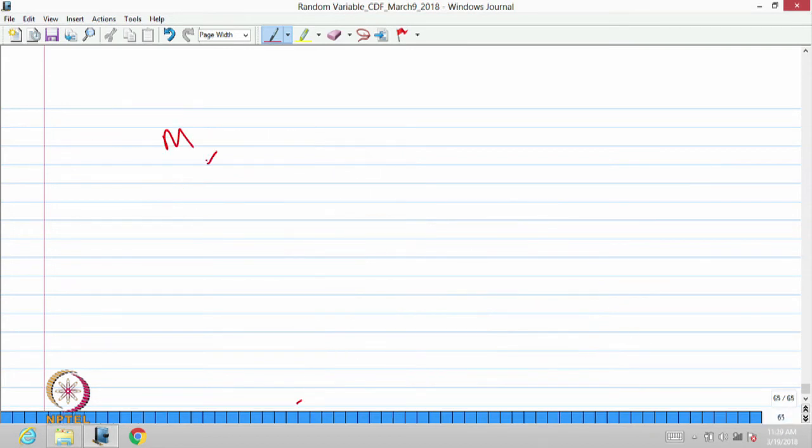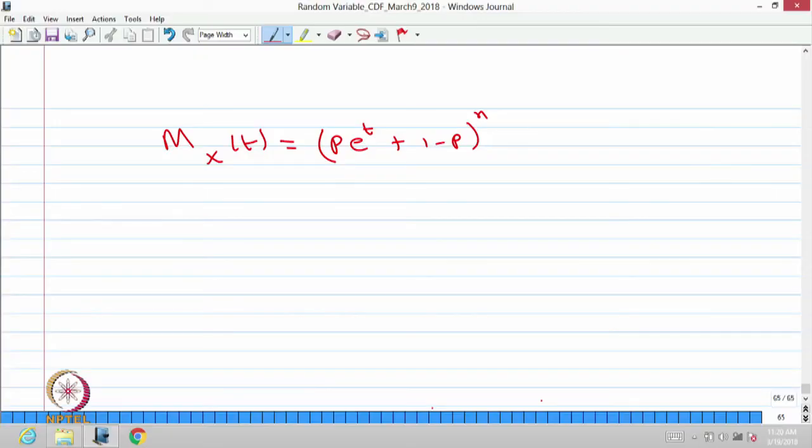Therefore, using the binomial summation, the MGF of the binomial distribution is p e power t plus 1 minus p, the whole power n. What is the use of the MGF? Once you know the MGF, you can get all the moments by successive derivatives.